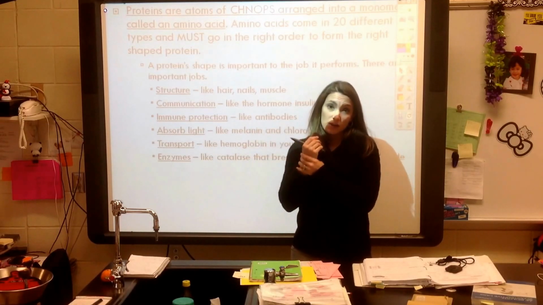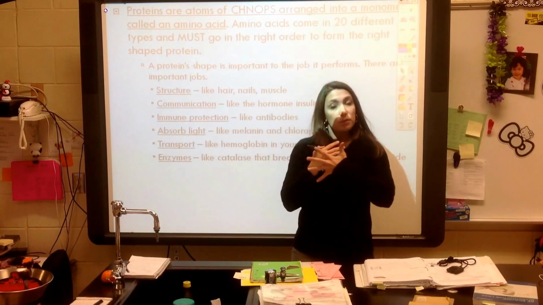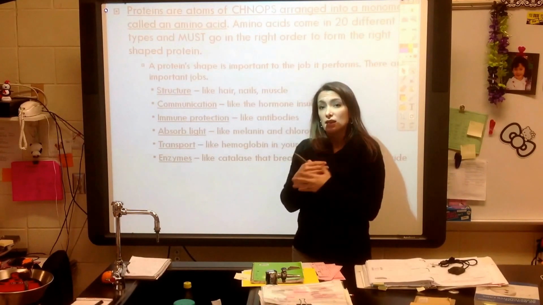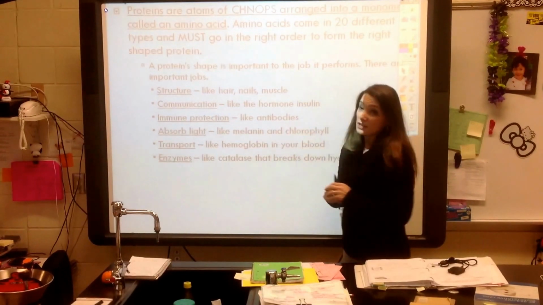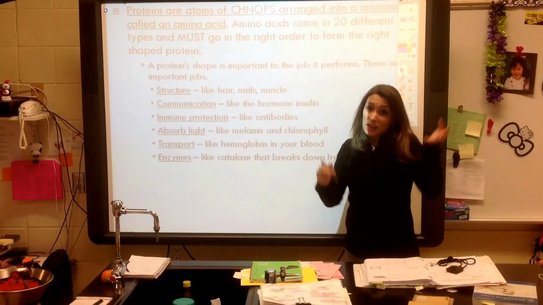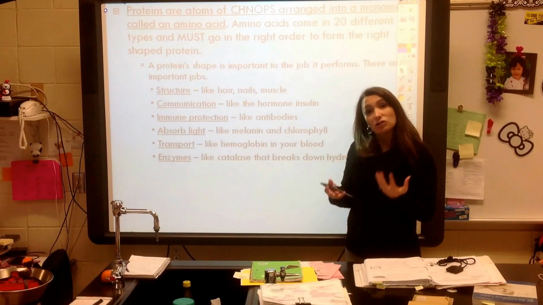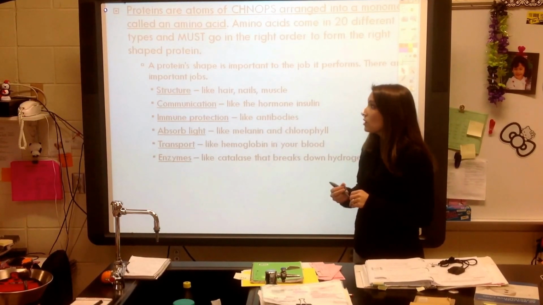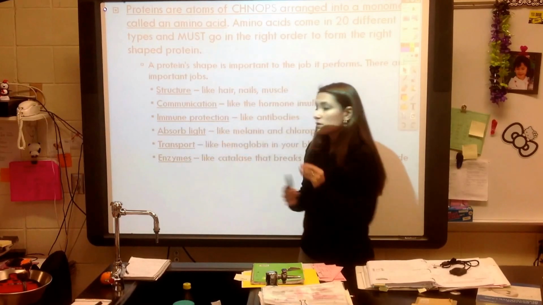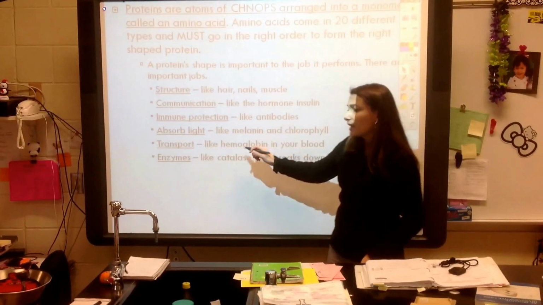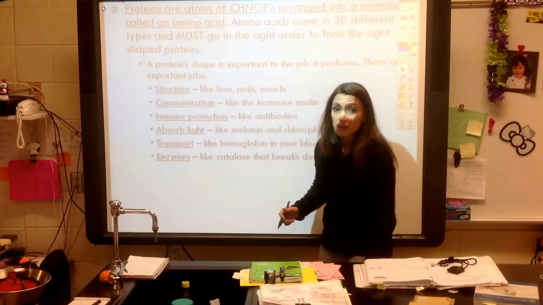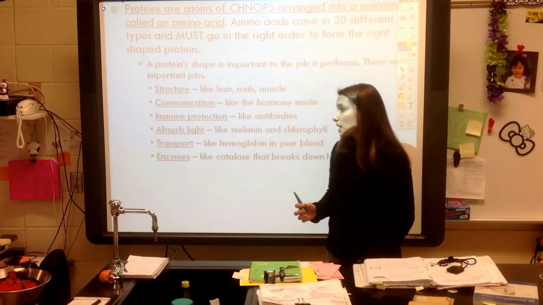Your skin color is because there's a protein absorbing light or reflecting light. Chlorophyll is in plants. That's how plants can absorb sunlight to actually make their own food. Proteins are also important for transport, like hemoglobin, the protein that transports oxygen in our blood.